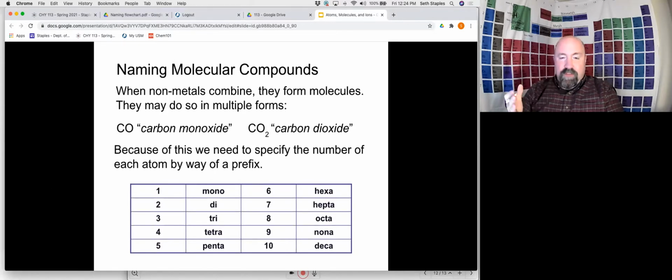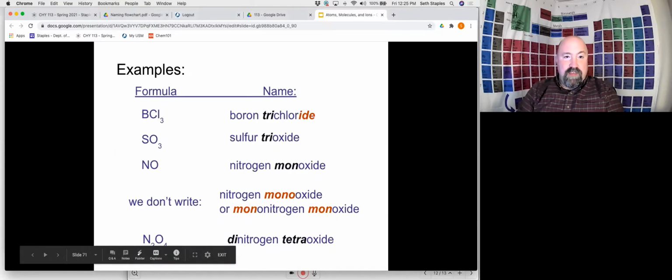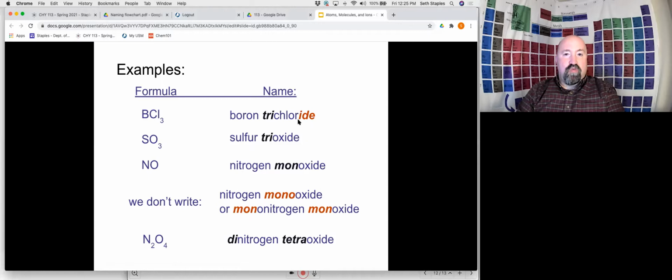Most of these you're familiar with: mono, di, tri, certainly, maybe tetra for 4 you might not be that familiar with, but penta for 5, hexa, hepta, octa, nona, and deca may be a little unfamiliar to you, but many of these are familiar prefixes. We now use these, again, to identify how many of each element we have. So some examples here. BCl3, boron trichloride.